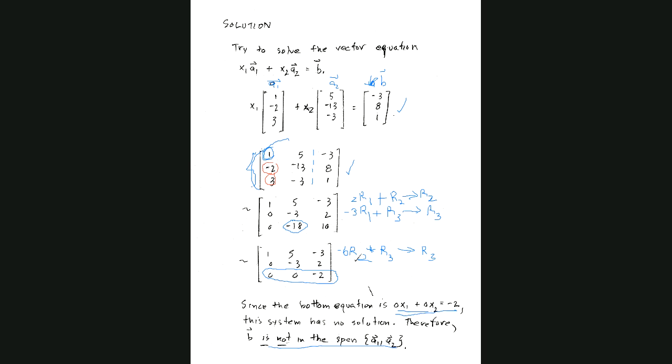What does this mean geometrically? The vector B is not in the span of A1 and A2. Geometrically, the vectors A1 and A2 live in R3, and the span of those two vectors is any linear combination of those two vectors.